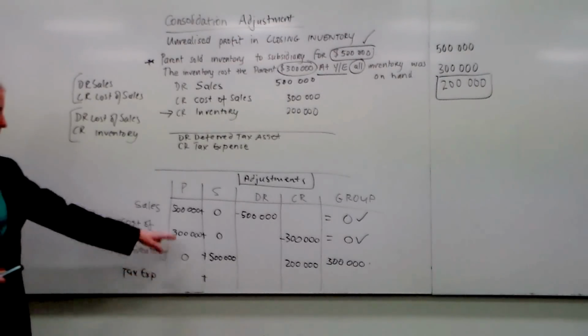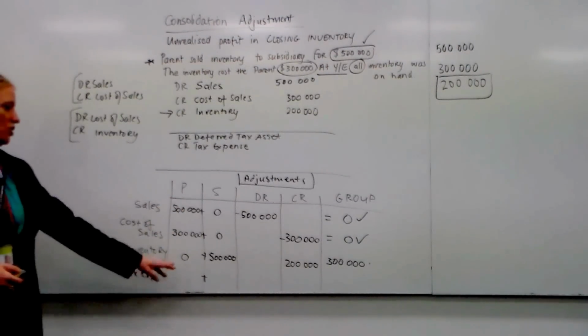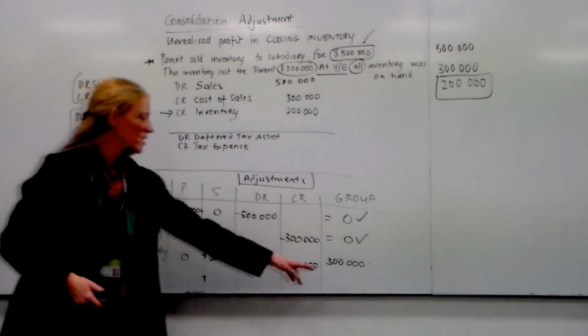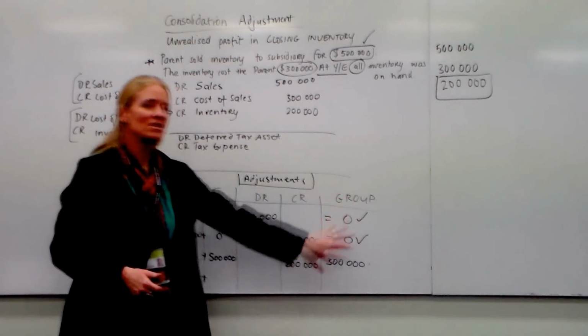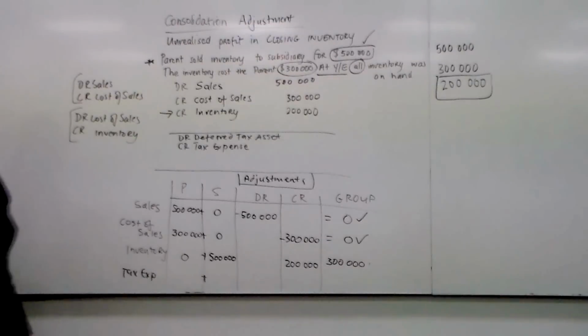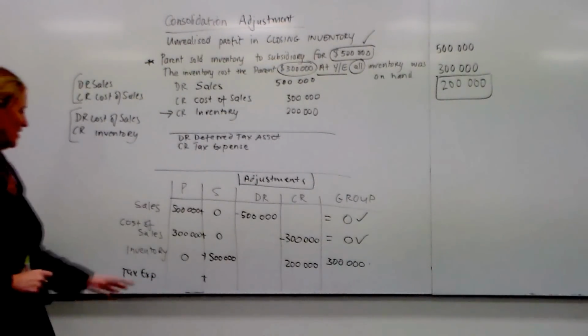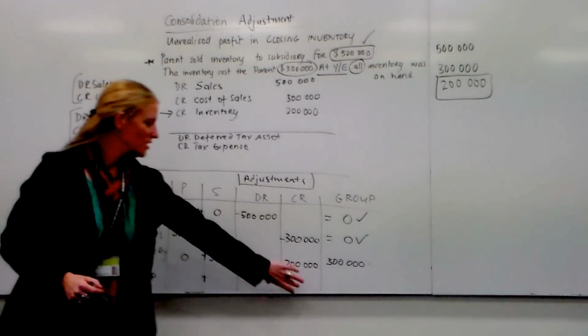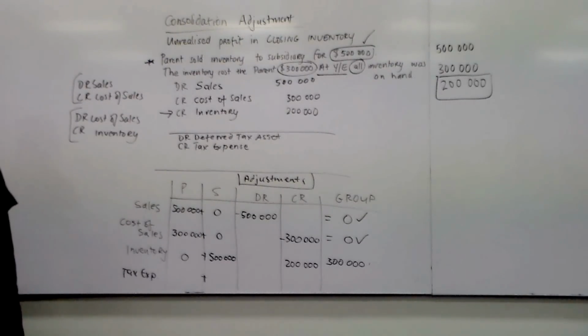This profit, which was made by the parent as an individual company, is not recognized by the group. So because we've taken that profit out, we've got 0 sales and 0 cost of sales, there's no profit, we will then have to reduce the tax expense. When we add these together, the group tax expense should be lower because they haven't recognized that intergroup profit or intercompany profit.